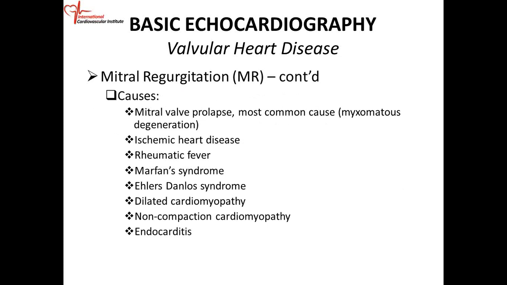However, if the papillary muscles are not getting sufficient blood flow, they're not going to contract properly, and you can get mitral regurgitation. So it's fairly common because ischemic heart disease is fairly common. So ischemic heart disease is one of the common causes.